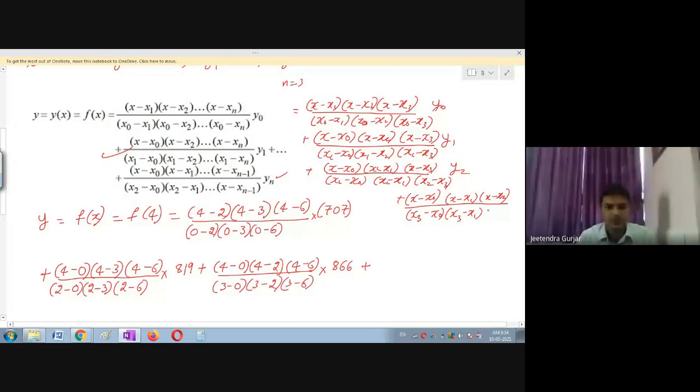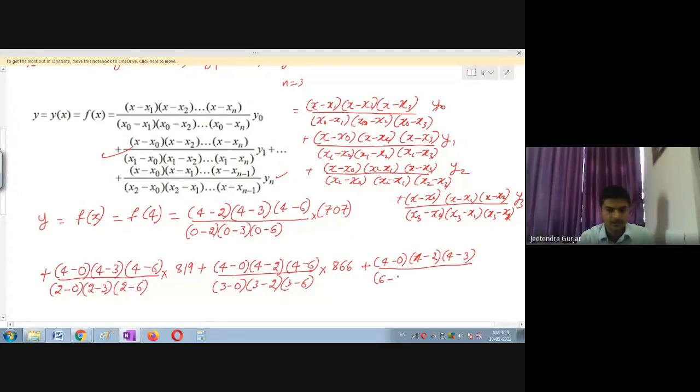So we are going to continue. Therefore, x is 4: 4 minus 0, 4 minus x1 is 2, and 4 minus x2, x2 is 3. So this simplification is very, very important. So this is tedious, right? Continuously. Now x3 is there, say 6.